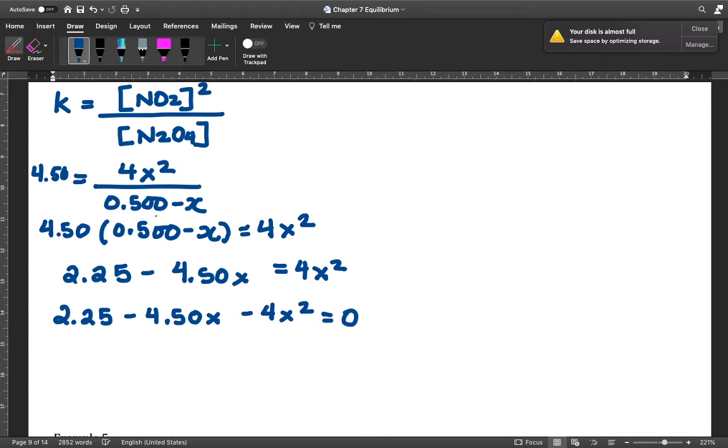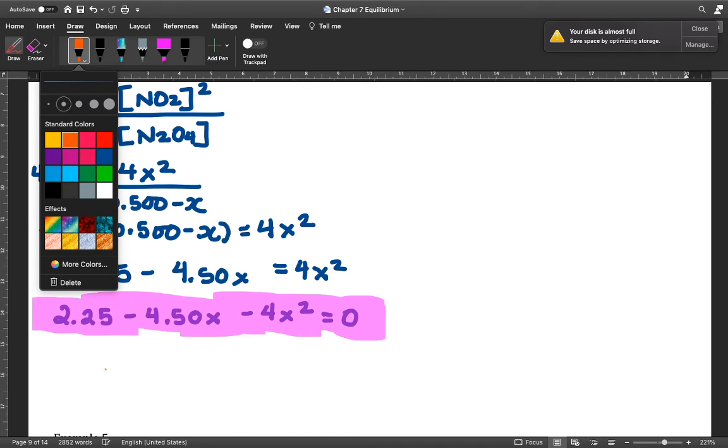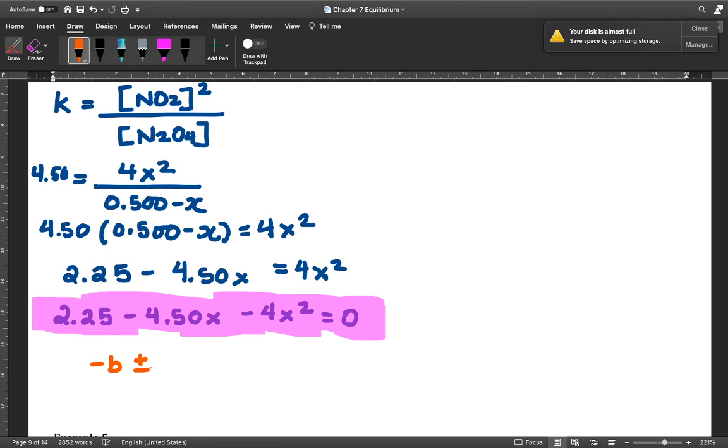Now setting it up this way, this reminds us that this is going to be solved using our quadratic equation, which is negative b plus or minus square root of b squared minus 4ac over 2a.